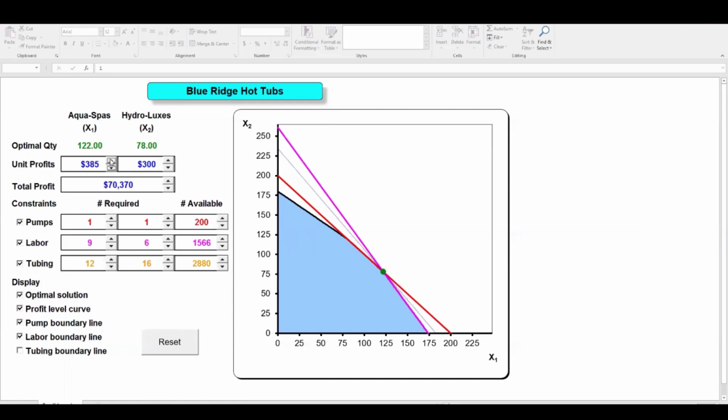We are now at 390, and if we keep increasing, you are going to see that the level line is approaching one of the constraints, the labor constraint right now. And when we reach 450, we realize that we have multiple optimal solutions right here. So we touch the upper bound of the coefficient of the x1.